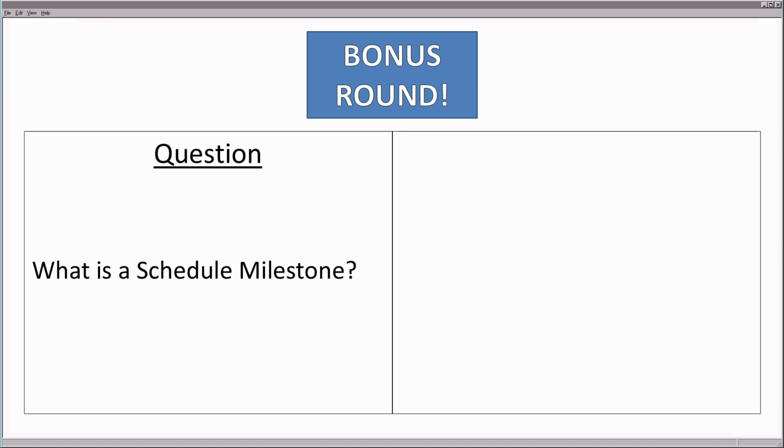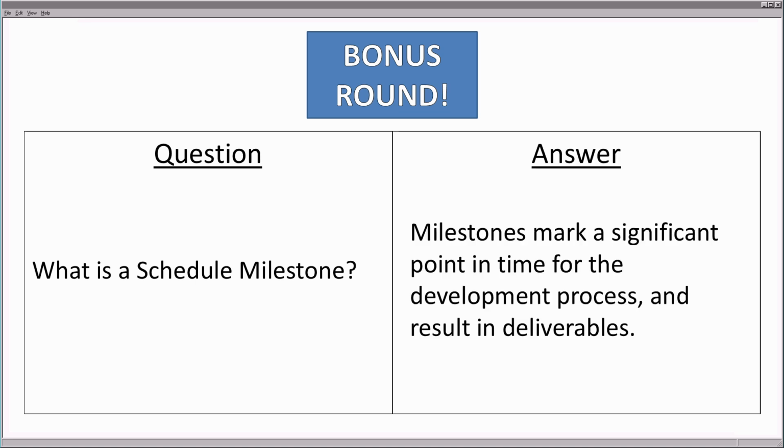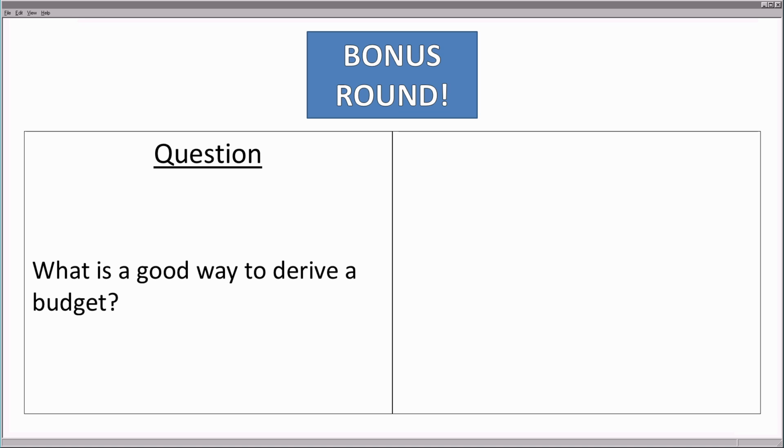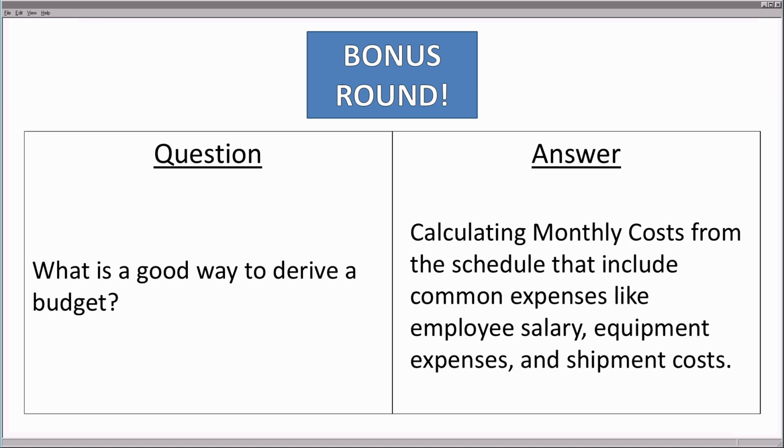What is a schedule milestone? Milestones mark a significant point in time for the development process and results in deliverables. What is a good way to derive a budget? Calculating monthly costs from the schedule that includes common expenses like employee salary, equipment expenses, and shipping costs.